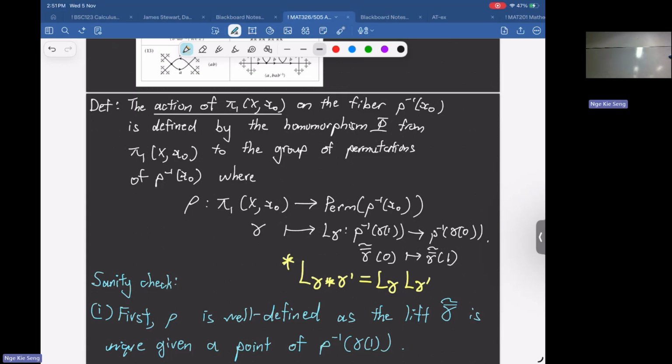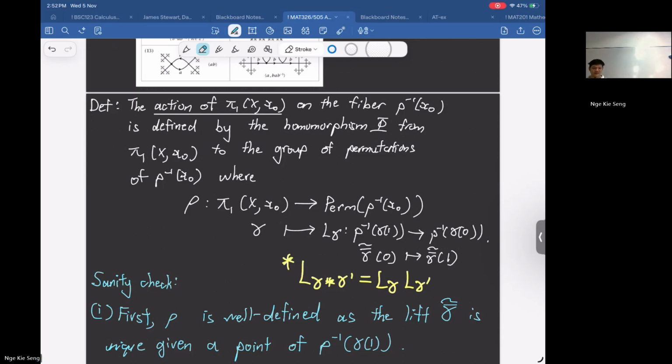Because I'm trying to like convince you that we actually have a starting point and an ending point, but try to cheat you. I take the terminal point to find the starting. Okay. So it really is just permutation of inverse image of a point. Okay. Does it make sense?